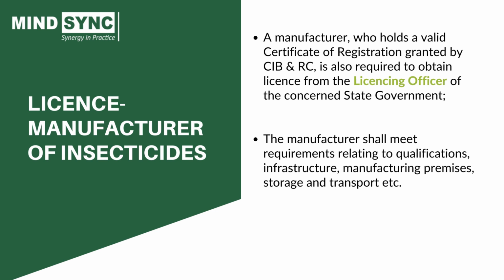Manufacturers of insecticides are required to obtain a license to manufacture from the licensing officer of the concerned state government. The manufacturer shall meet requirements relating to qualifications, infrastructure, manufacturing premises, storage, and transport. It is mandatory to obtain a certificate of registration from the central government before applying for a manufacturing license.